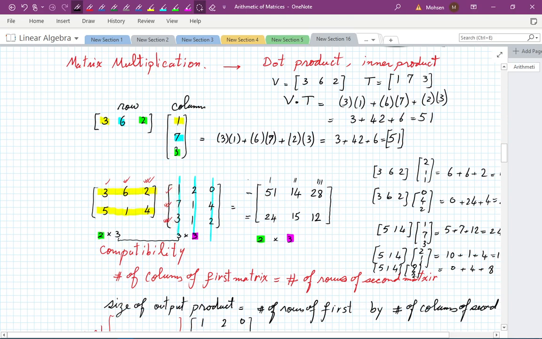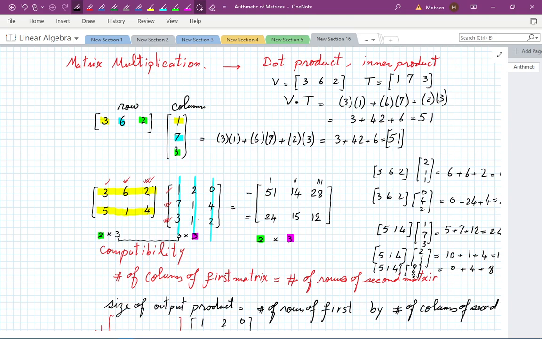The result was 51, and we just wrote it in the first row, first column, and then we have to keep doing that. So let me say that we need to practice the idea of multiplication so that we are comfortable when it comes up in a variety of special circumstances.